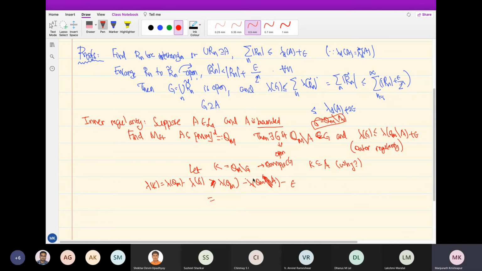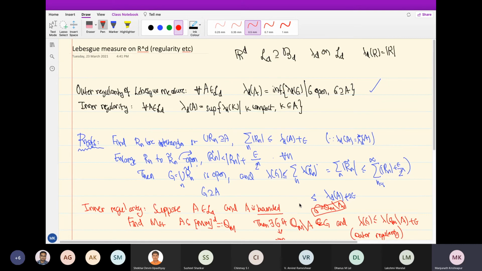But that is lambda Qm minus lambda A, so this is lambda A minus epsilon. So that is the proof of inner regularity. Okay, so these are very important properties, outer and inner regularity of Lebesgue measure.